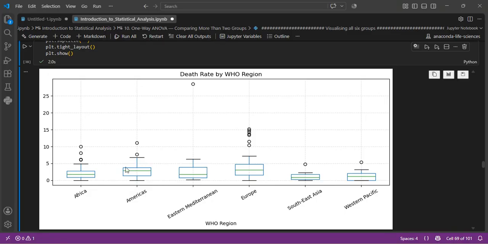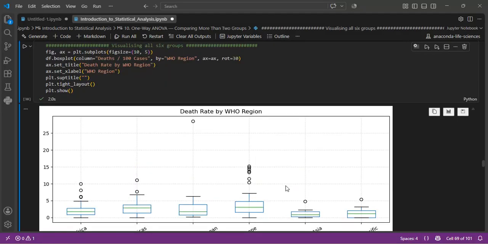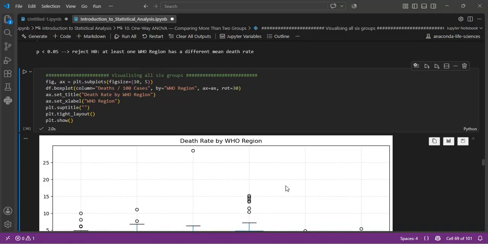In this case, we have the box plots, which also help to compare the differences in the median of each of the WHO regions. By just visualizing and looking through the box plot for each of the data sets, we will realize that the median of each WHO region is different, and in this case, significantly different.